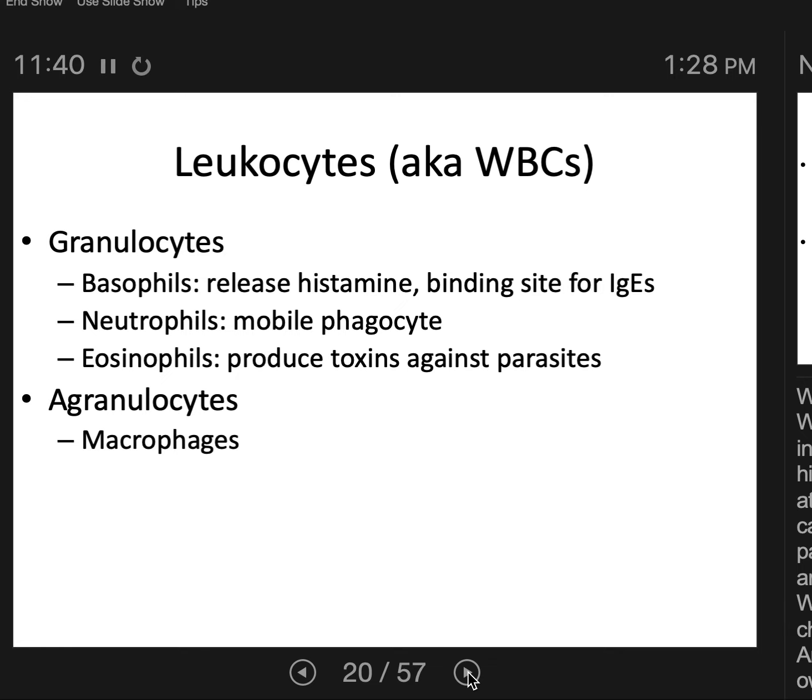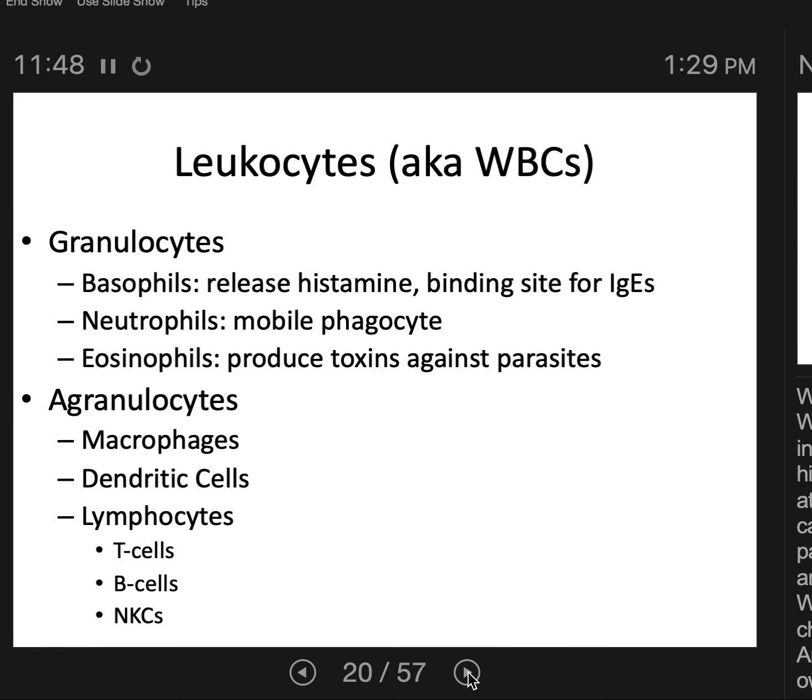That includes macrophages, antigen-presenting cells of the innate immune system, dendritic cells, antigen-presenting cells of the innate immune system, and the lymphocytes. T and B cells are part of the adaptive immune system. Natural killer cells, we don't really know where they belong. Okay. B cells are also antigen-presenting cells, but they belong to the adaptive immune system. T cells, they don't phagocytize, but they're part of the adaptive immune system.